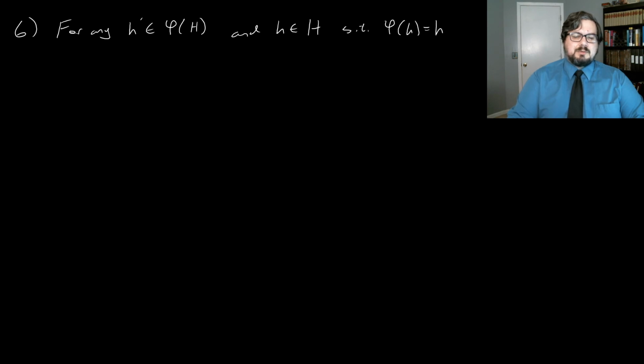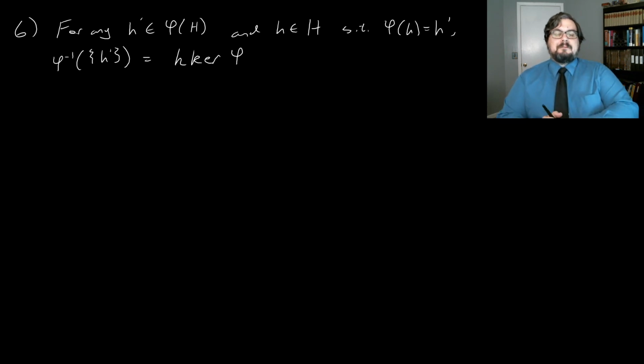It said that for any H prime in the image of phi, or the image of H under phi, and h in big H such that phi of little h equals H prime, we have that phi inverse of H prime, that is the preimage of H prime, the set of all the things that get mapped to H prime, is h times the kernel of phi.